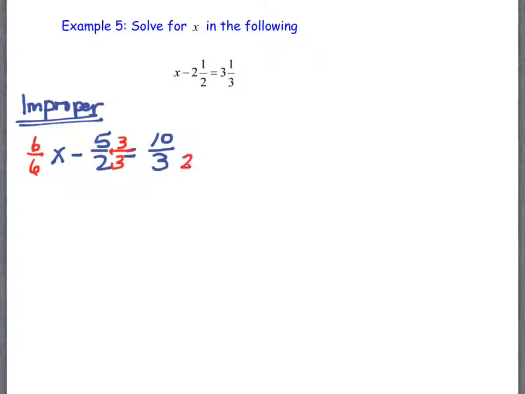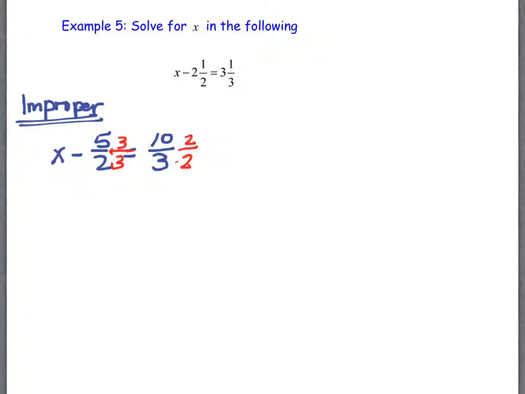Okay, so this is the other approach to getting common denominators, the one that you're probably more familiar with than the cross multiply thing that I did before. Okay, so I have 6x over 6 minus 15. You know what? Let me leave the x alone for now. We'll come back to that in a minute.